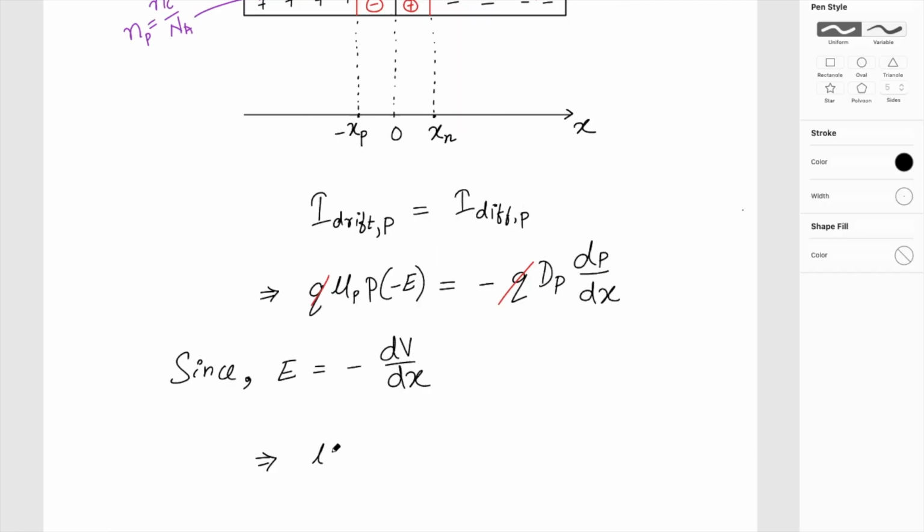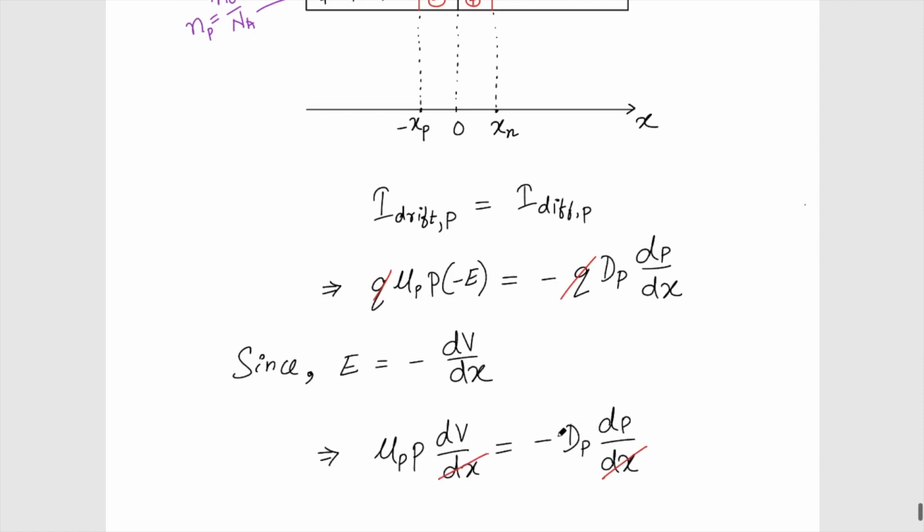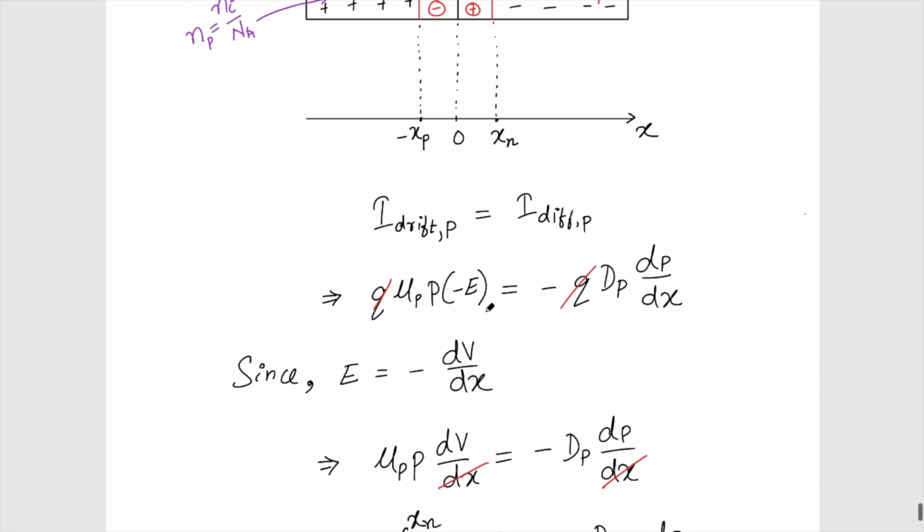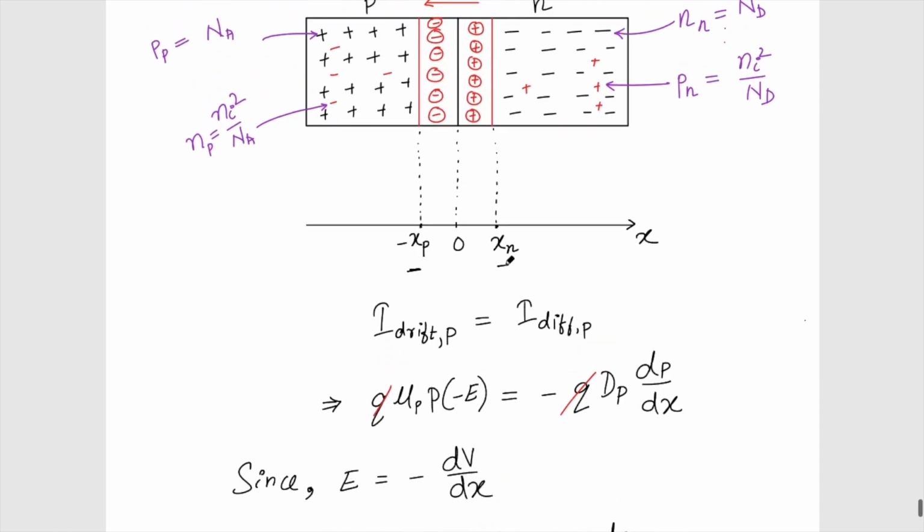So what I will get is mu p dV by dx is equal to minus Dp dp by dx. Again dx gets cancelled, which implies dV will be equal to minus Dp by mu p times dp by p, and now we can integrate it. This will be integrated from minus xp to xn.